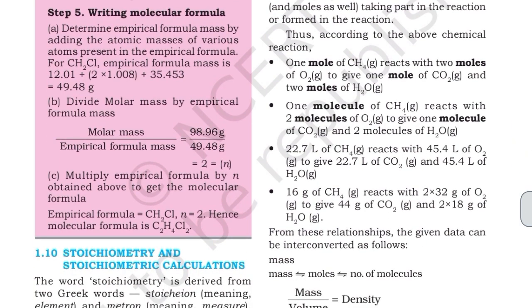1 molecule of CH4 gas reacts with 2 molecules of O2 gas to give 1 molecule of CO2 gas and 2 molecules of H2O gas. 22.7 liter of CH4 gas reacts with 45.4 liter of O2 gas to give 22.7 liter of CO2 gas and 45.4 liter of H2O gas. 16 grams of CH4 gas reacts with 2 into 32 grams of O2 gas to give 44 grams of CO2 gas and 2 into 18 grams of H2O gas.